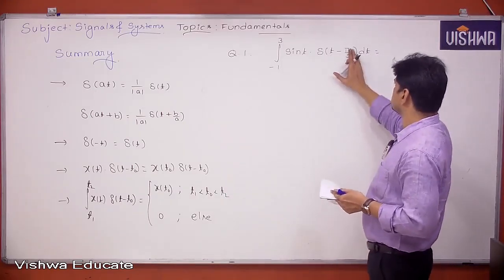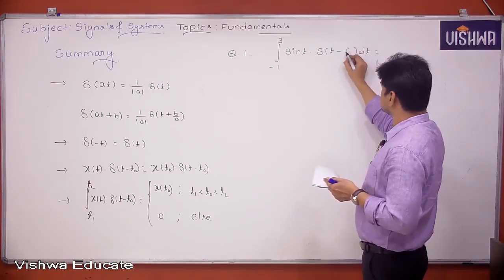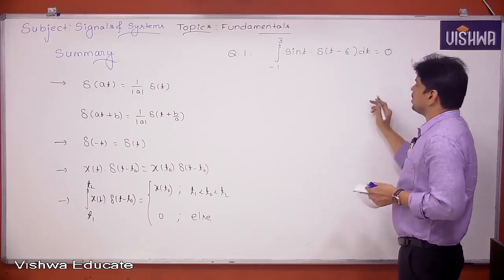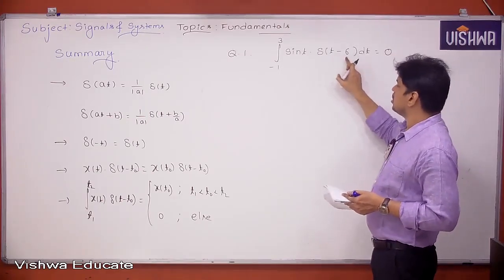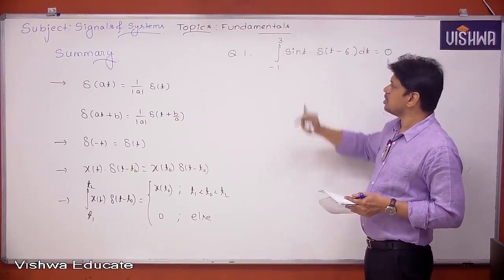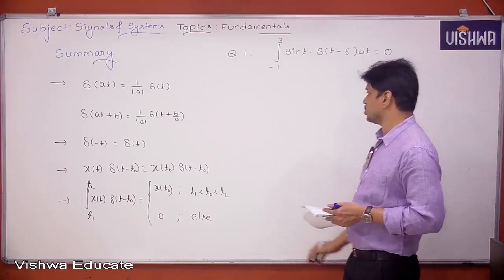Or, with the impulse at 6, its value is equal to 0. Why? Because the impulse function exists at 6, whereas the limits are only from minus 1 to 3. I hope you understood. So this is one question.